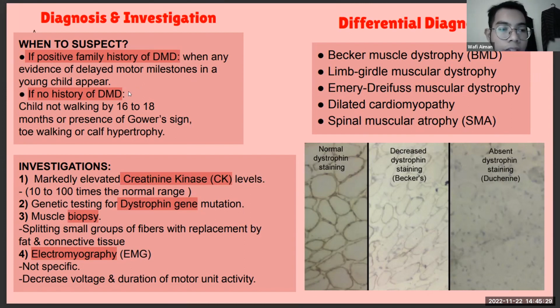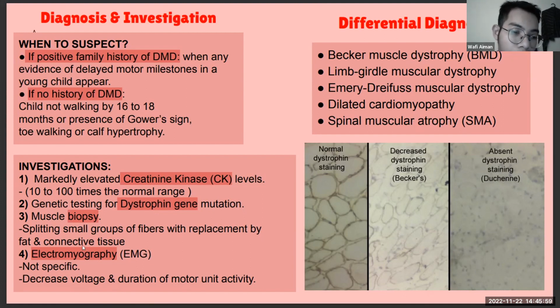So for the investigation, we have 4 of them, but the first one is the most important, which is the markedly elevated creatine kinase and also muscle biopsy. For CK levels, we can see it is 10 to 100 times greater than normal range. And then genetic testing for dystrophin gene mutation. Muscle biopsy, as we can see from the picture, shows absence of dystrophin staining.